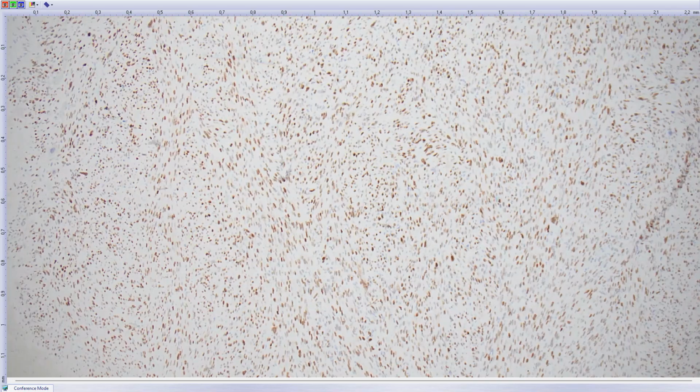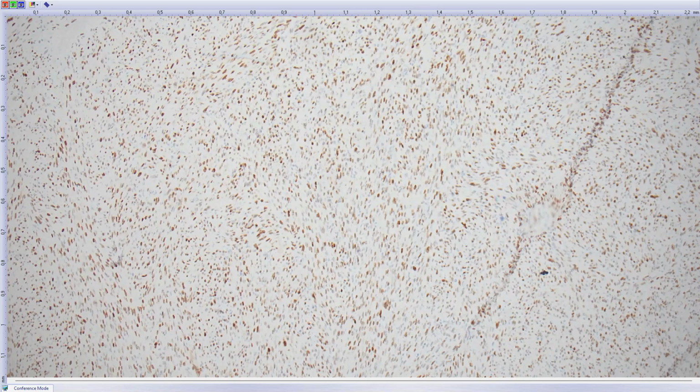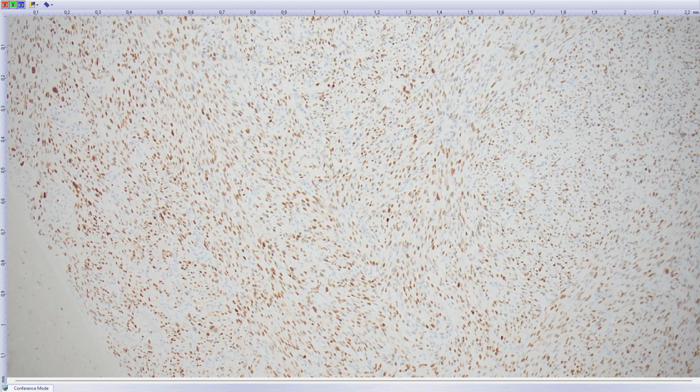And my diagnosis is atypical fibroxanthoma, spindle cell variant. Okay, we have to be sure it's not sarcomatoid carcinoma, or the most important differential diagnosis is undifferentiated melanoma. Okay, because this is very deadly.